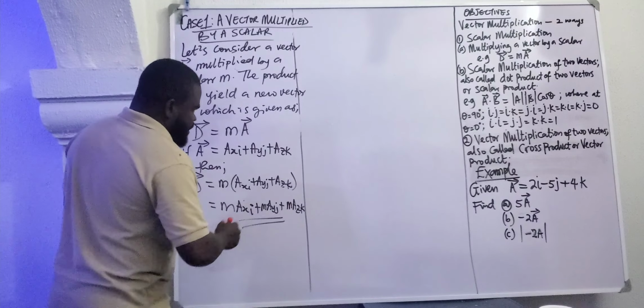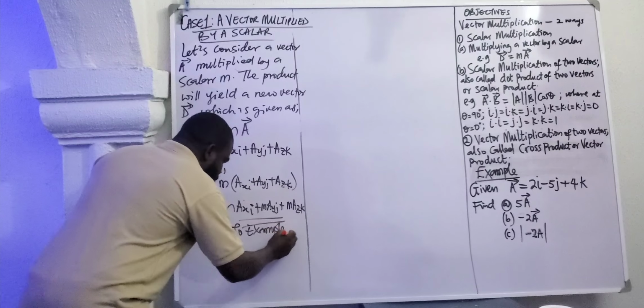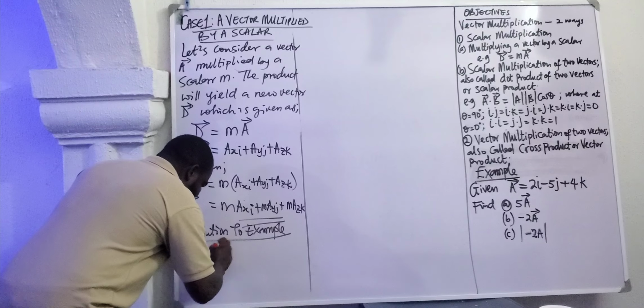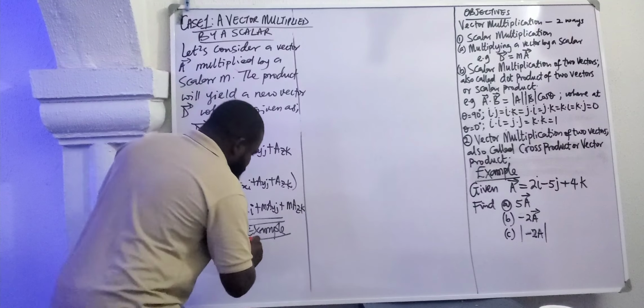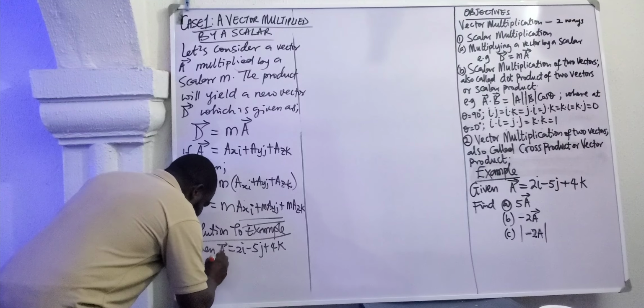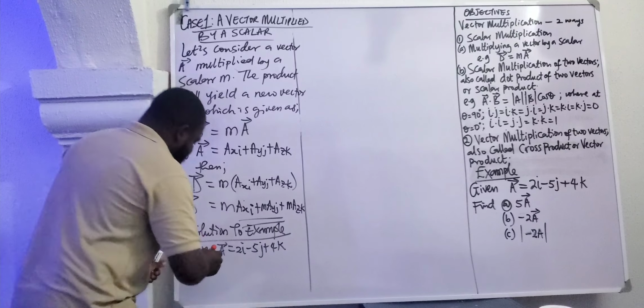We can take an example on this. Let's solve that simple example. Solution to example. We are given the vector A to be 2i minus 5j plus 4k. And we are asked to find option A, find 5A. 5 is a scalar quantity, just a numeric value.